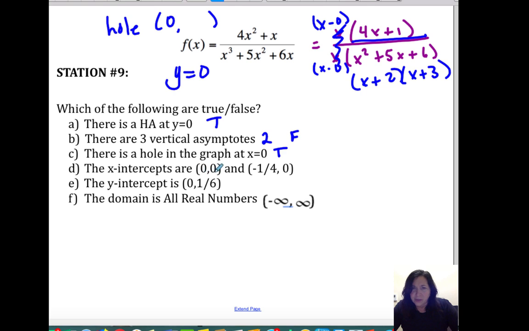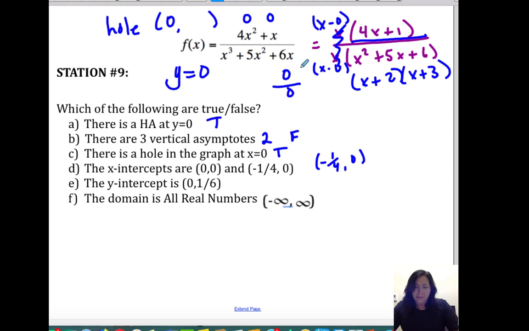The x-intercepts are 0, 0. Well, this is a hole at 0, 0, so I guess that is an x-intercept. I also have an x-intercept where I make this equal to 0, so that would be at -1/4, comma 0, so that's a true. A y-intercept, go back to the beginning. If these were zeros, I'd have 0 over 0. Hold on. Those already canceled out.